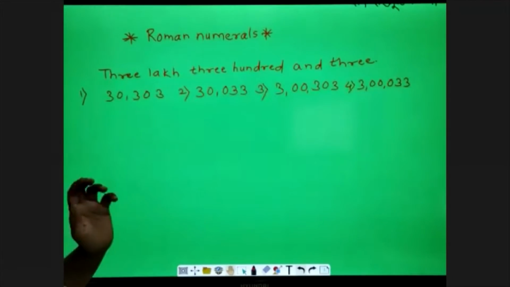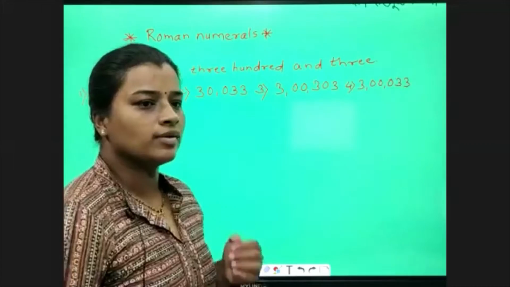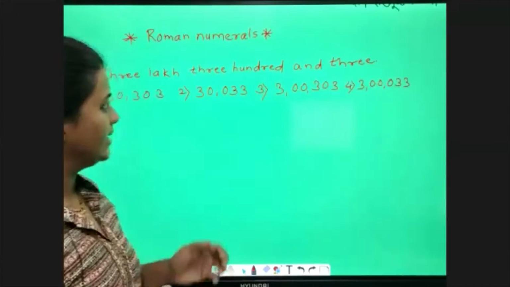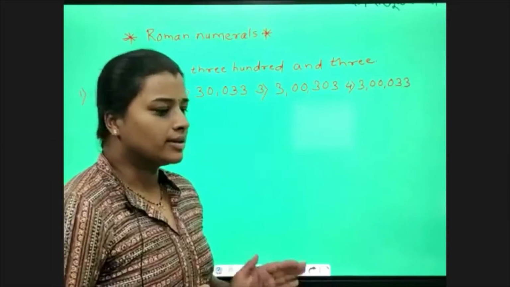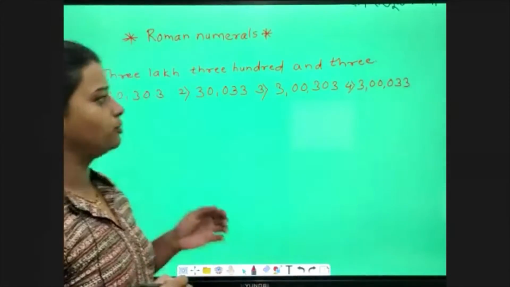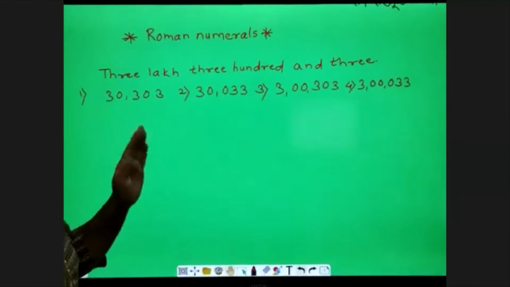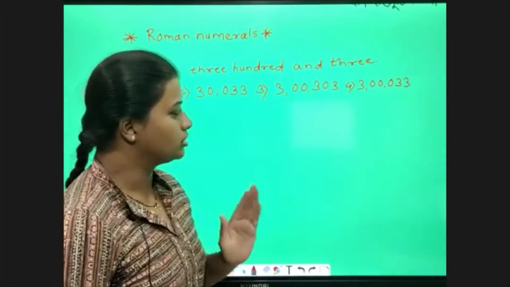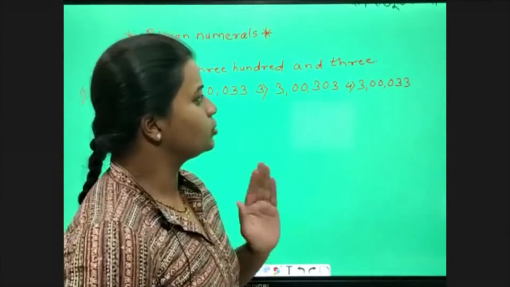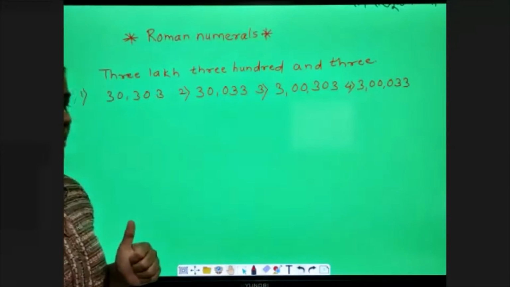They have asked us the question: how will you write the number 3 lakh 3 using international numerals? And your options are C: 30303, 30033, 300303, 300033.